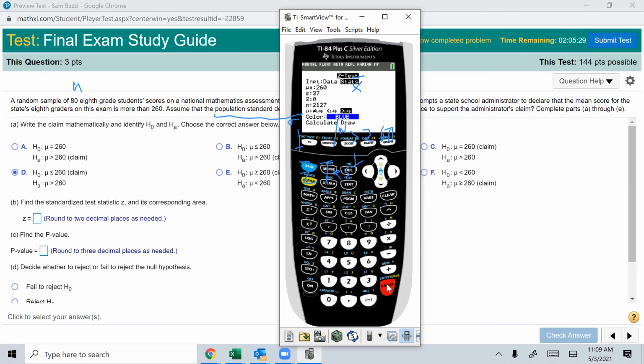So the words population standard deviation, guys, are a hint that you have sigma and then you must use Z. What was the sample mean? 267. And n was 80. And we're testing. Make sure to select the alternative sign first before you hit calculate or draw. And Z is 1.69. And the p-value is 0.0453.